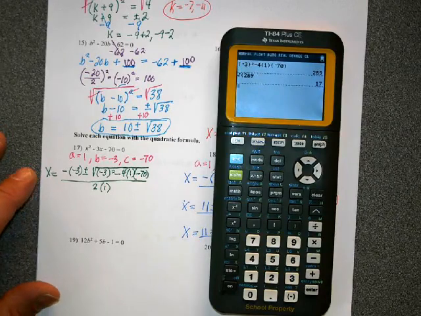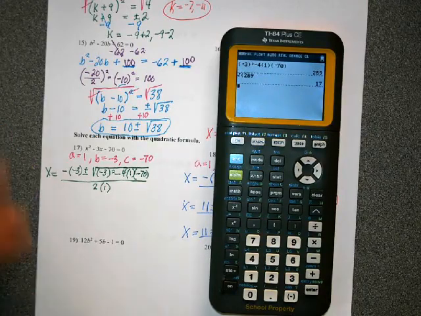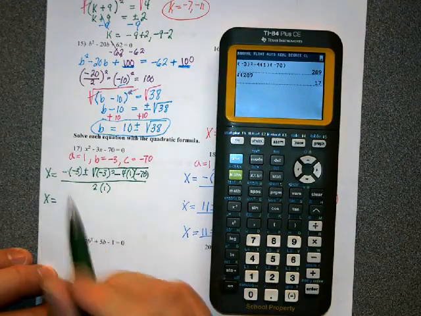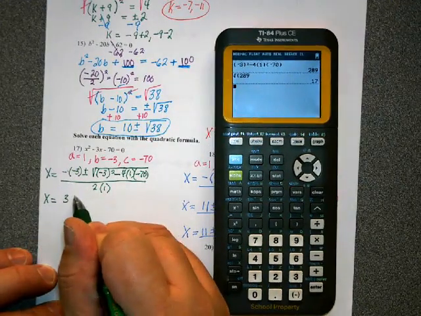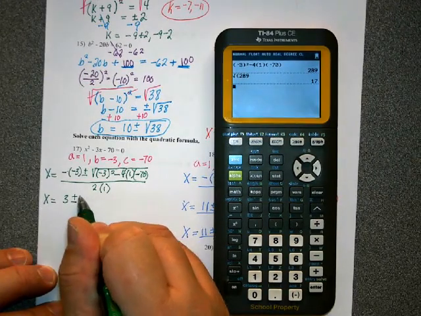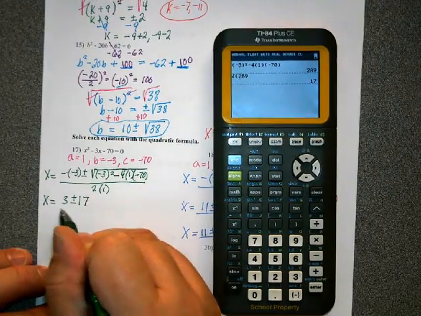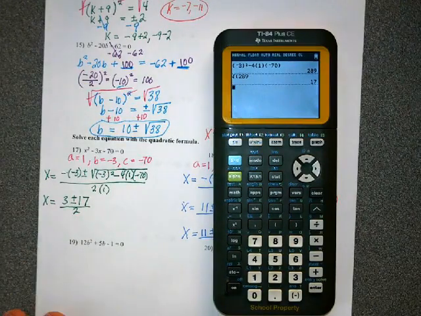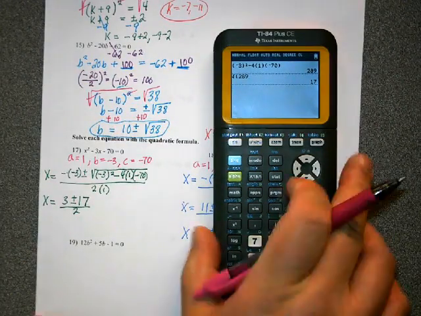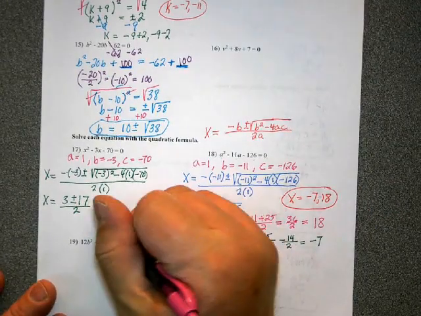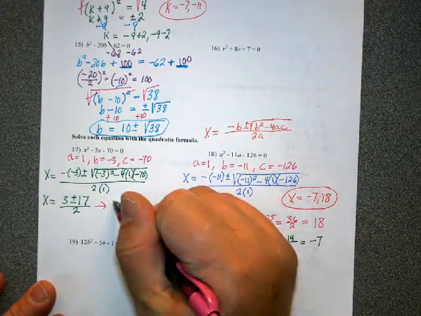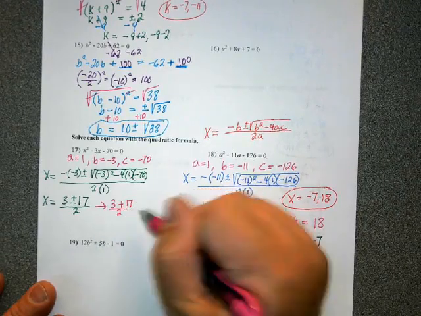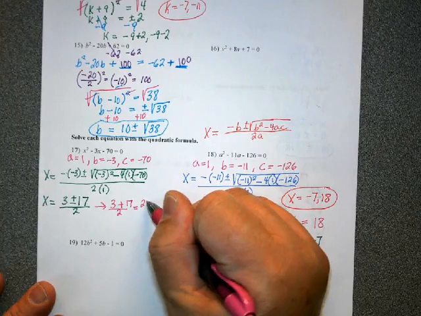So I have x. Negative negative 3 is positive 3. Plus or minus 17. All divided by 2. Okay, so one number is going to be 3 plus 17 divided by 2, which is 20 divided by 2, which is 10.